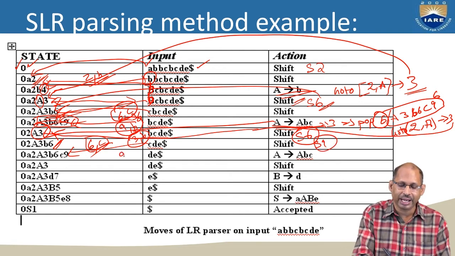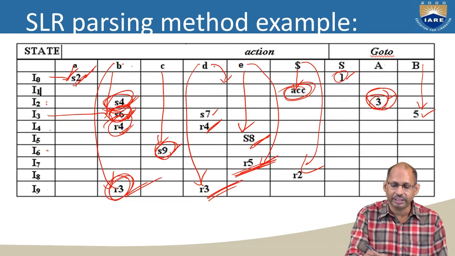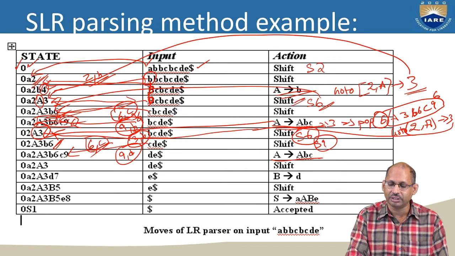Now 9 and D. What do we have? 9 and D, we have R3. So what is our R3? This one. How many symbols? 3 symbols. So how many symbols do we have to pop? 6 symbols. What are the 6 symbols? A3, B6, C9.